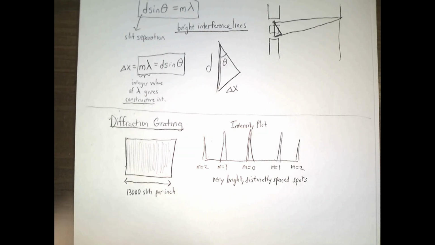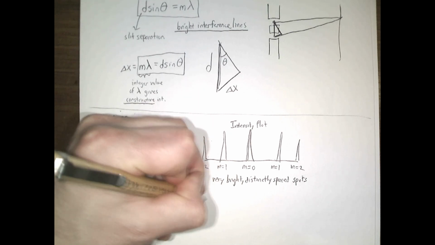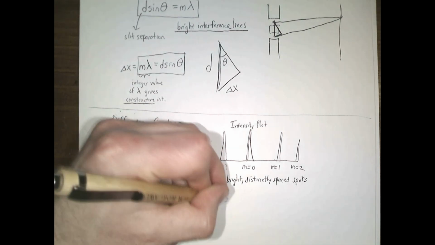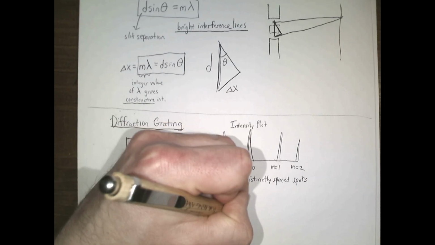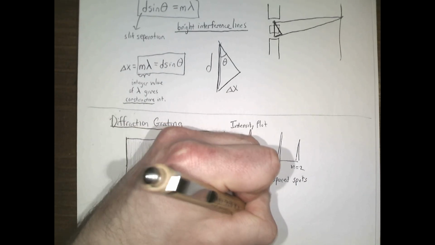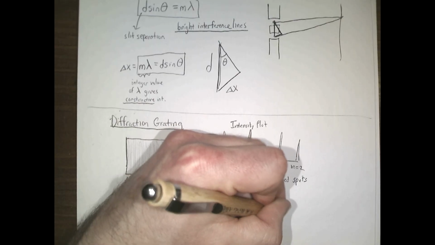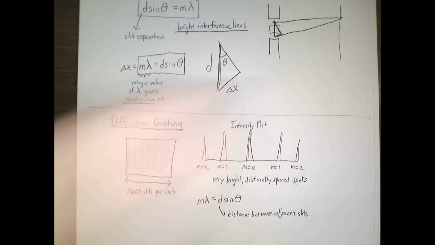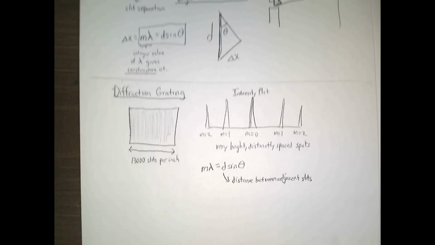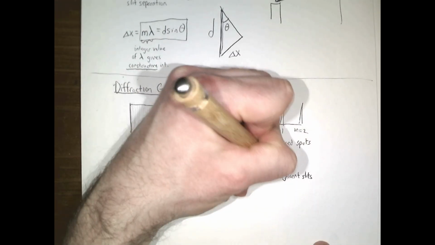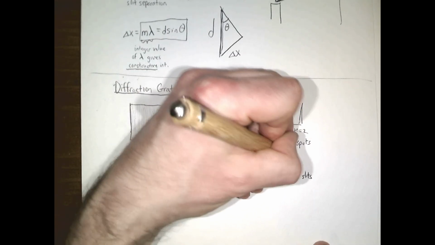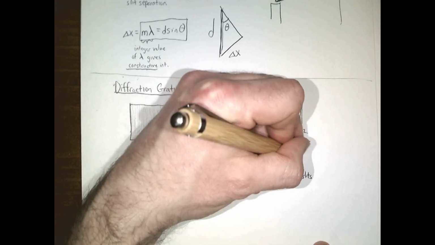The equation is literally the same as what we just saw. We're going to get m lambda equals d sine theta, where d is the distance between adjacent slits. Or oftentimes you will see this written as m lambda equals 1 over n sine theta.